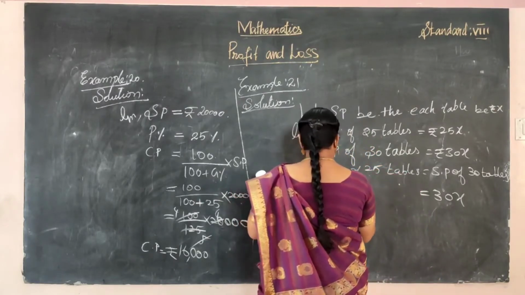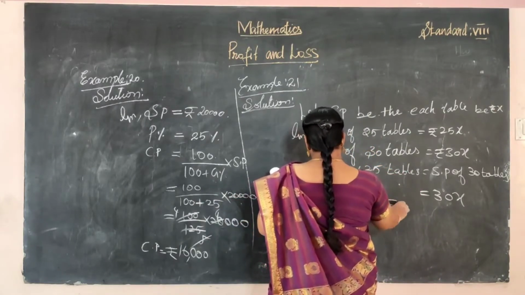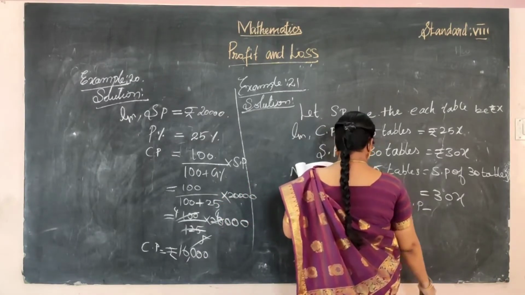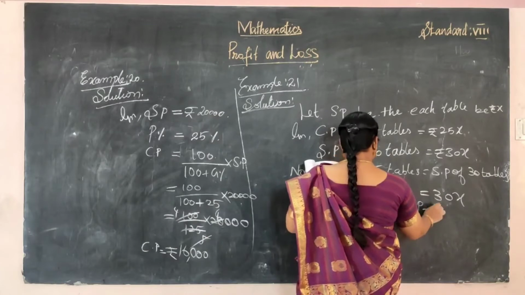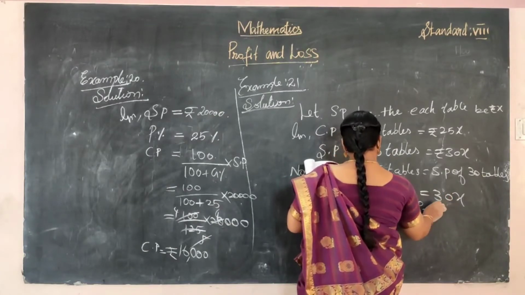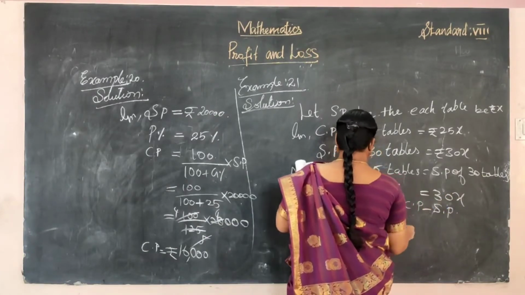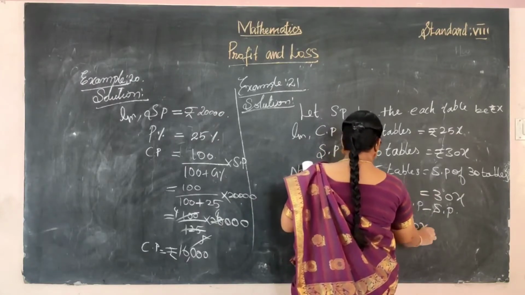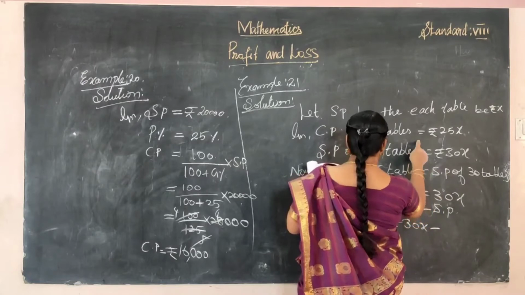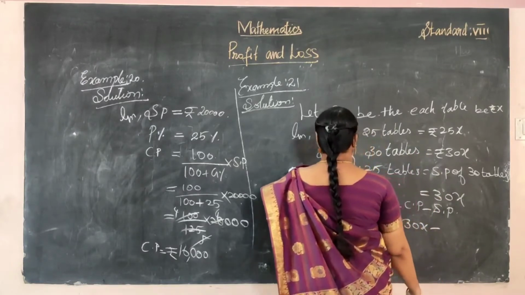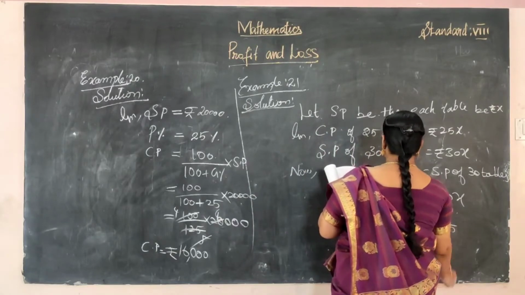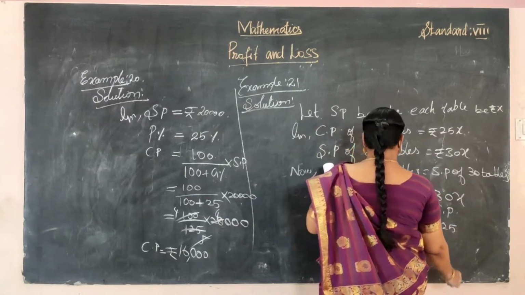So loss. What is the formula? Loss is cost price minus selling price. What is the cost price now? 30x. What is the selling price? 25x.